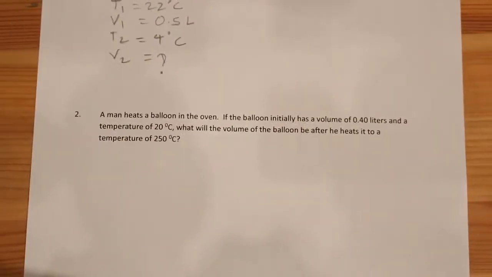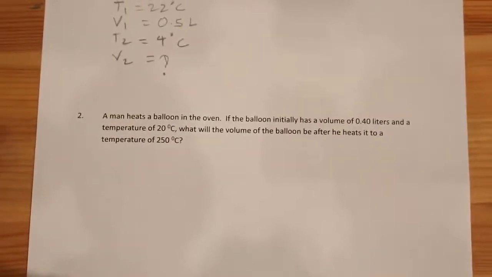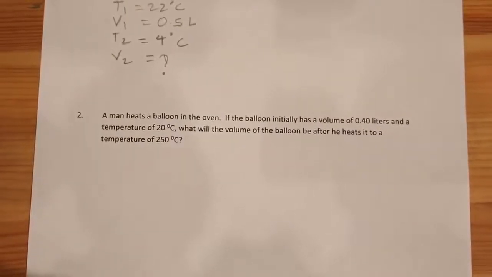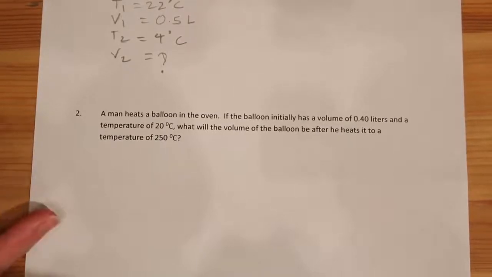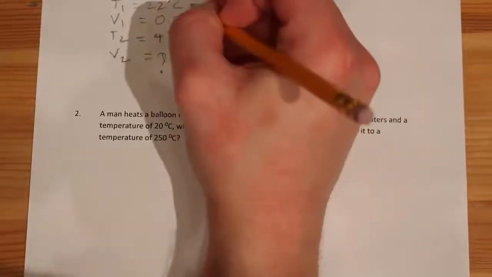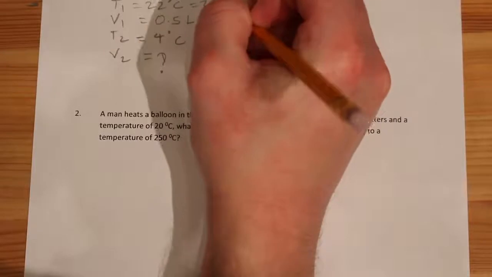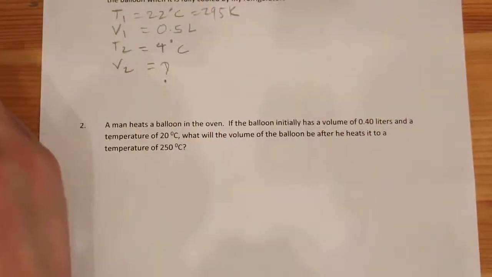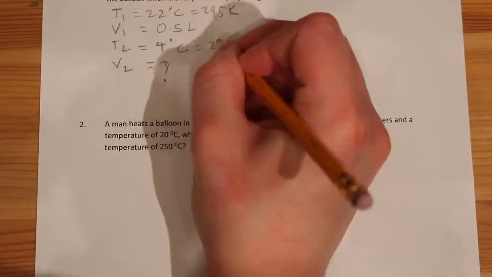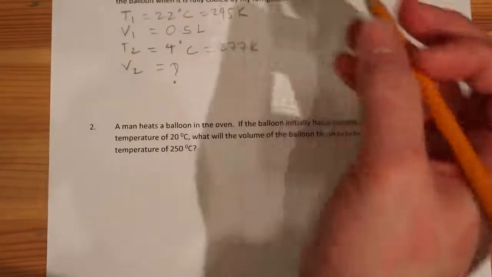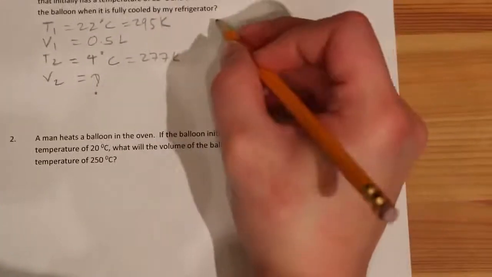So again, all of our temperatures have to be in Kelvin first. Don't ever forget that. So we're just going to add 273 to each of those values. So 22 plus 273 gives us 295 Kelvin. And then we're going to do the same for 4 degrees. So 4 degrees plus 273 equals 277 Kelvin. So let's remind ourselves of what the formula is.